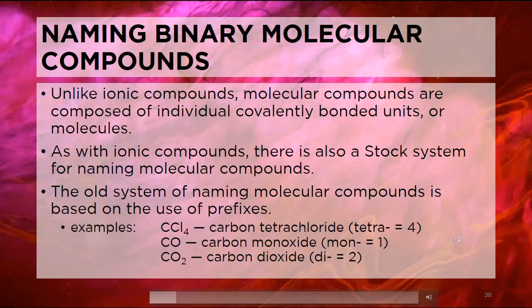Most of us said things like ionic bonds are metals and nonmetals. Covalent bonds are nonmetals. So as you see in these examples of molecular compounds, we're looking at all nonmetals bonded to each other. So we also have a system for naming molecular compounds.